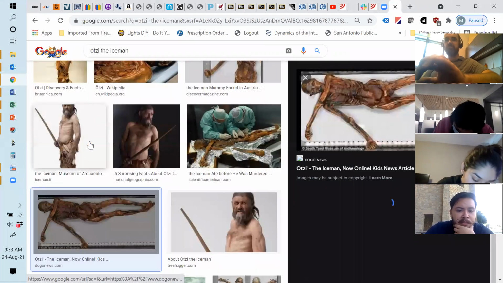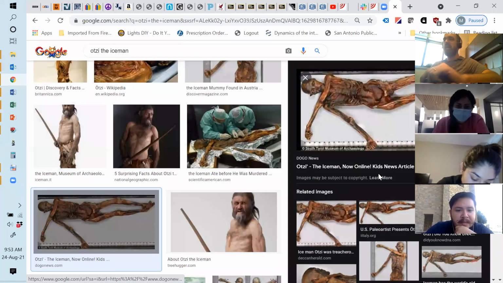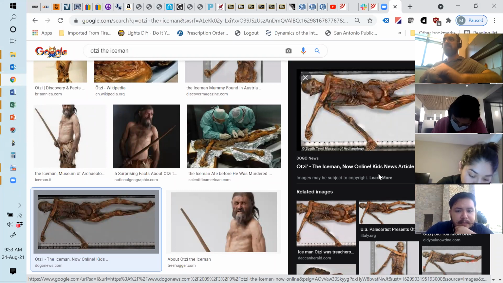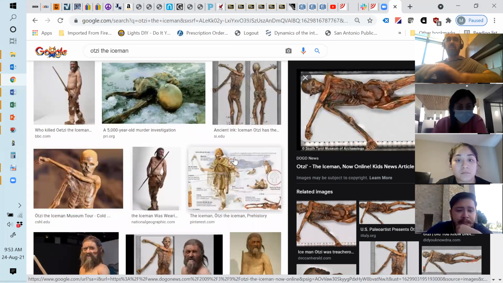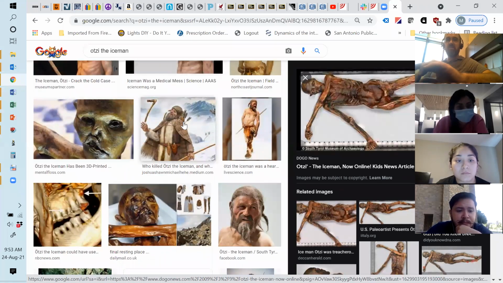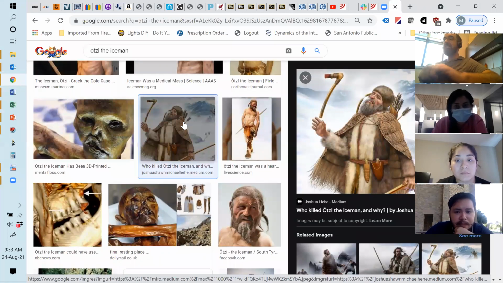This guy was spat out of a glacier in Austria after lying there for what they think was about 4,000 years in the Austrian Alps. They think he was actually shot in the back with an arrow, which I think is terribly rude. I don't know why. No one knows why, right?